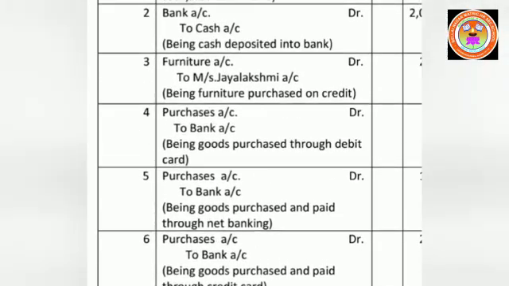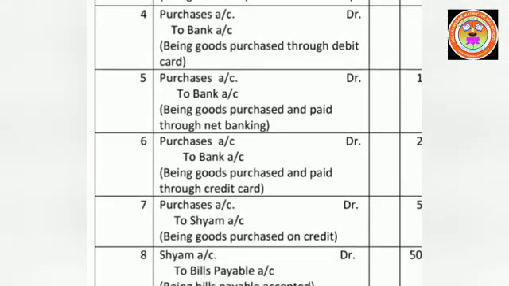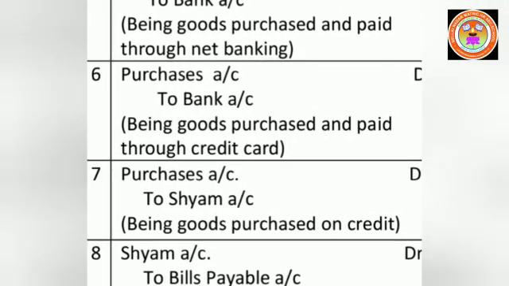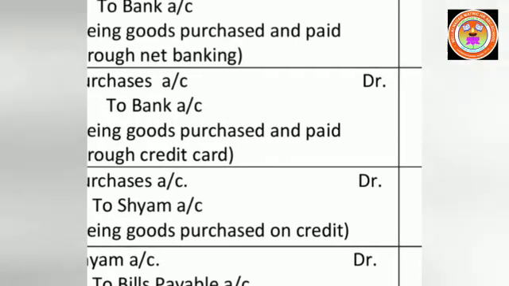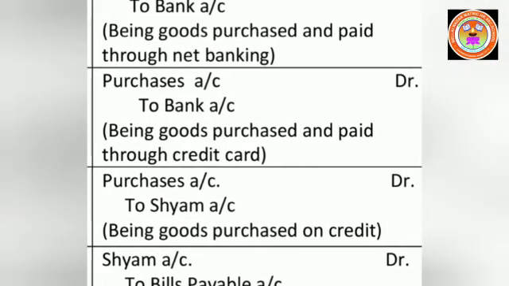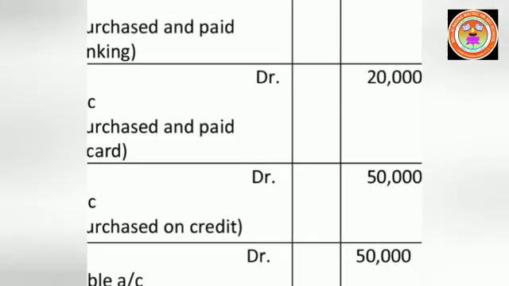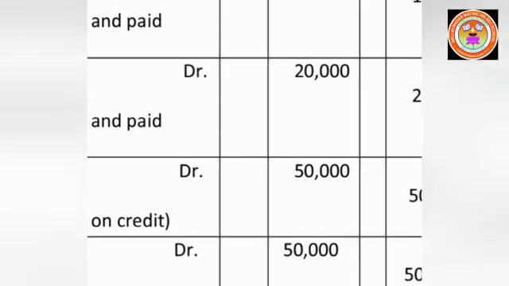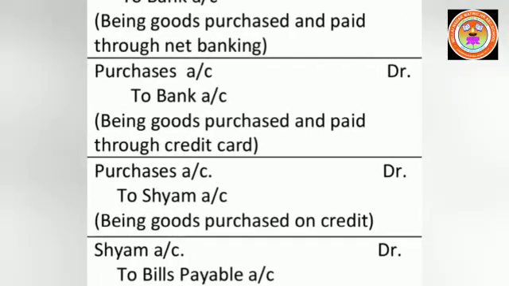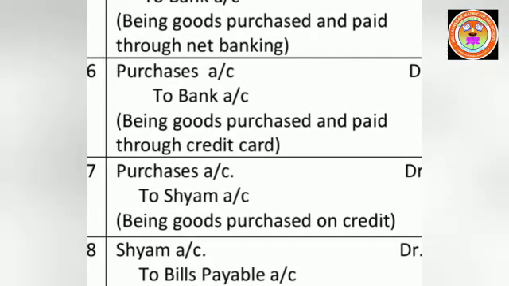Put date under date column, March 7. As usual, purchases account must be debited according to nominal account rule. Amount rupees 50,000. Ramesh purchases on credit basis only, so who is the giver of that goods?